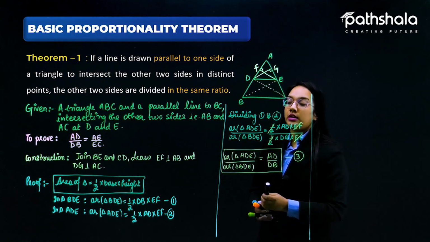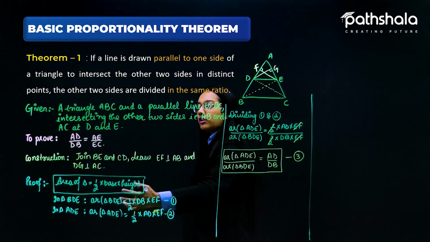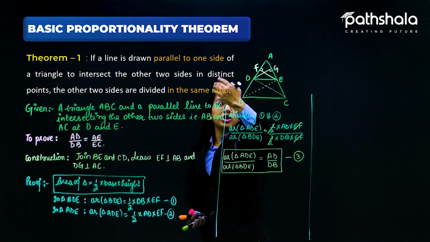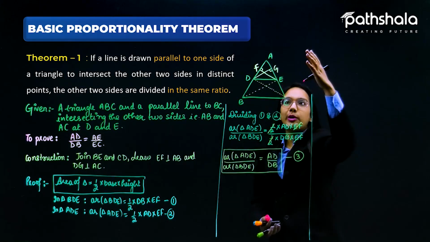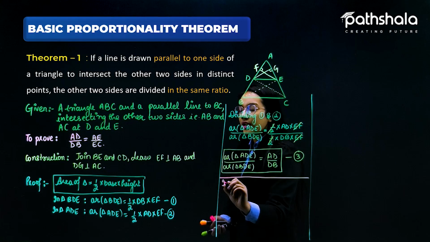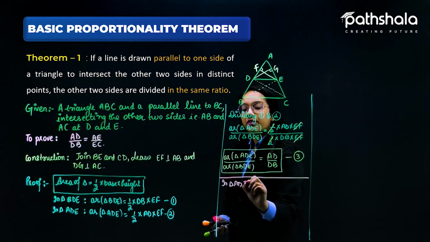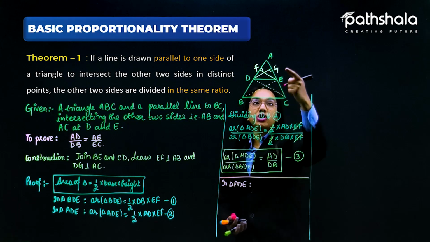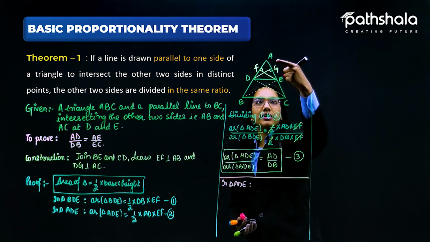Now again, in the same manner as we did for the two triangles BDE and ADE, I am now taking the triangles on this particular side. Let's start with the triangle ADE again. I am taking the base of the triangle ADE as AE.